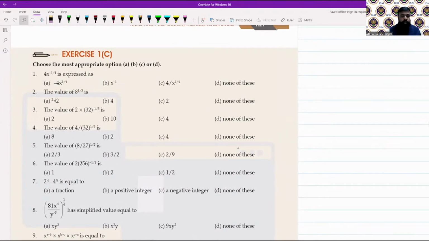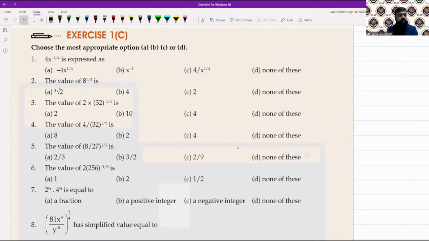Okay, so now let us move on to the exercise. Exercise number 1C. Question number first. 4 multiplied by x to the power of minus 1/4 is expressed as.